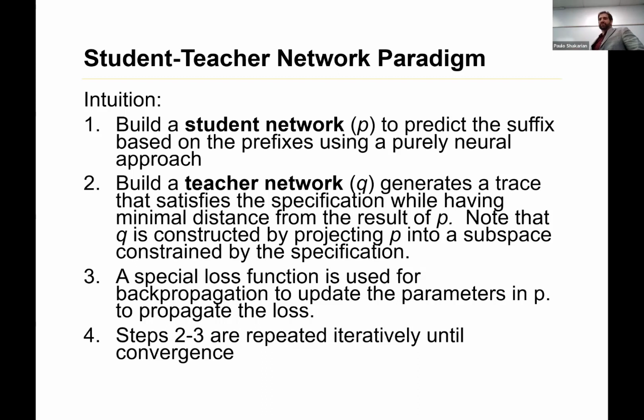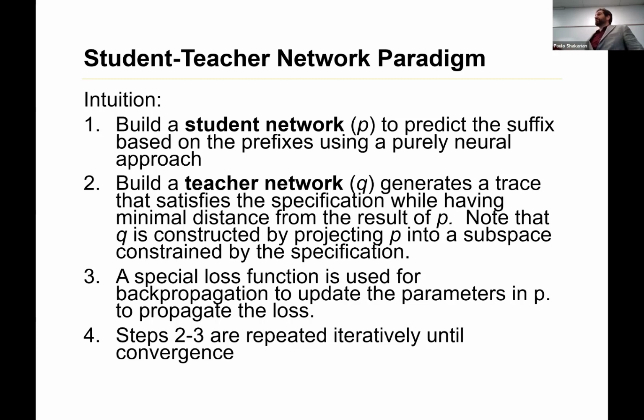The student network is actually quite straightforward. It's just a recurrent neural network or a transformer, and you're taking all that data, where the prefixes are what's seen and the suffixes are your ground truth, and you're training a model to fit that using this L2 distance function. So very straightforward, no guarantees it's going to meet any kind of specification. The teacher network is not even really a network.